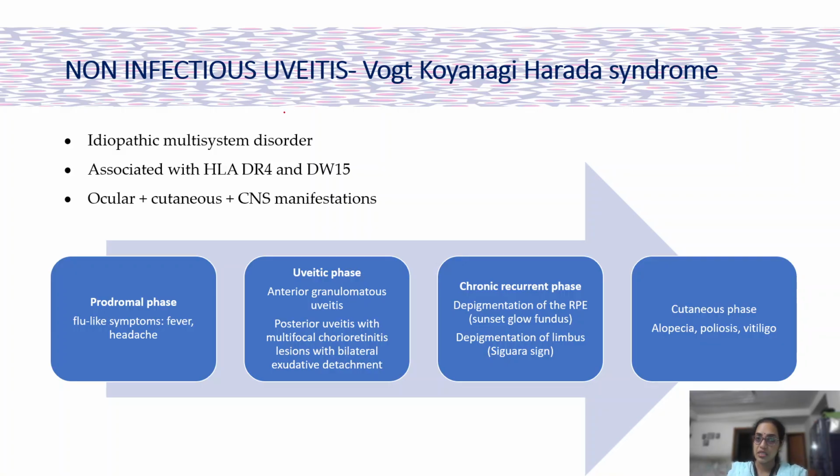Maybe it was discovered in the West or in the Scandinavian and the Mediterranean countries, but certainly we see a lot of VKH in India. So it is an idiopathic multi-system disorder. We don't know what the cause really is, and it's associated with HLA-DR4 and DW15. So please note that the same HLA also predisposes a person to sympathetic ophthalmia.